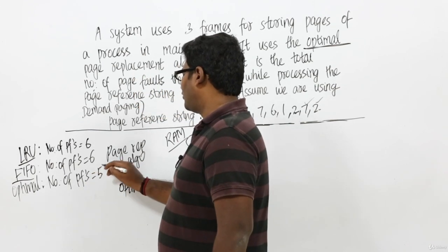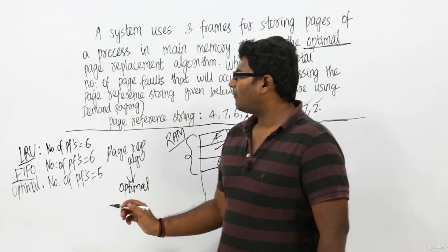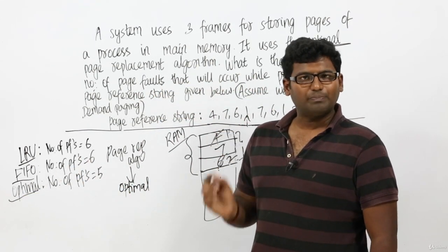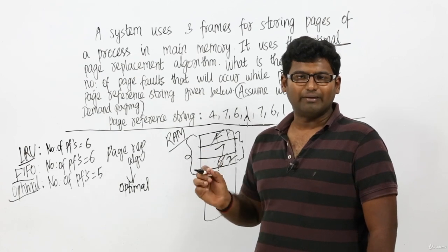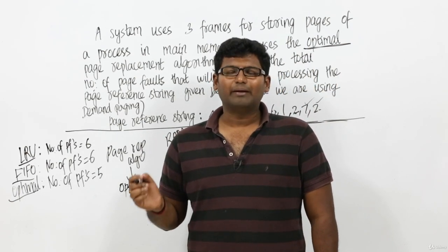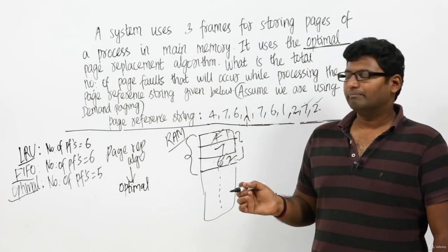And an important point you need to notice here is optimal page replacement algorithm is the best page replacement algorithm considering the page faults, which means the number of page faults will be the least in optimal page replacement algorithm.